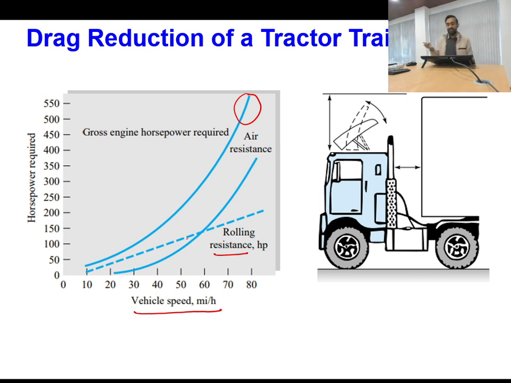One efficient way being tried is to provide the front face of the truck with some sort of deflector, and by adjusting the angle of the deflector for different speeds, flow can be oriented in such a way that it does not interfere with this corner but passes smoothly over the body of the truck. Okay, so these types of arrangements are very necessary for high speed trucks and are being used in recent days. Okay.